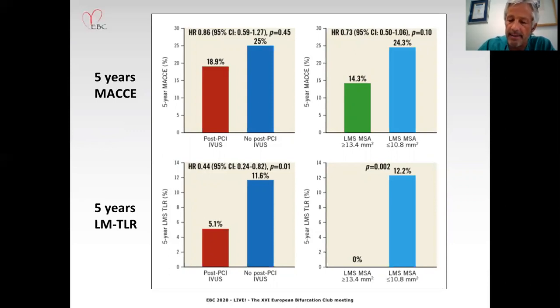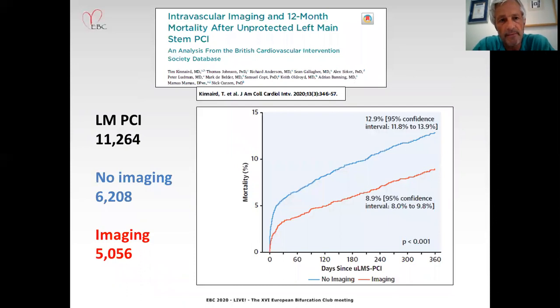Very recently, also, the British cardiologists published this large registry, including over 11,000 cases with LM PCI. And they also observed a difference in mortality in follow-up between those with imaging and those without intravascular imaging during the procedure.